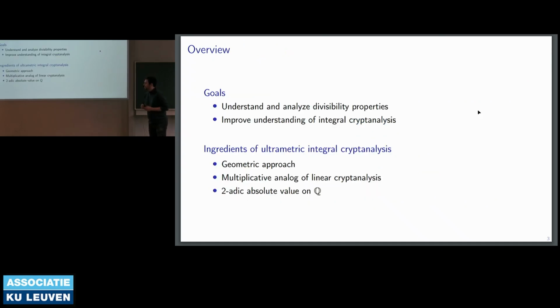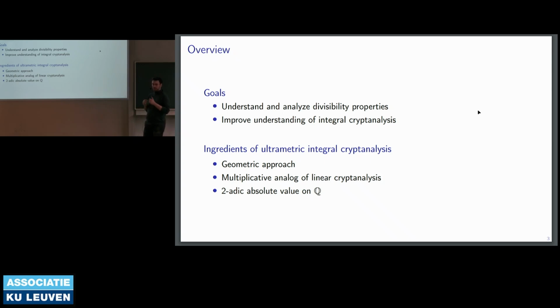So the goals for this work will be to understand and analyze these divisibility properties beyond just divisibility by 2. In this way, we want to improve our understanding of integral cryptanalysis. To do this, we will introduce ultrametric integral cryptanalysis, and it is built up of 3 main components.